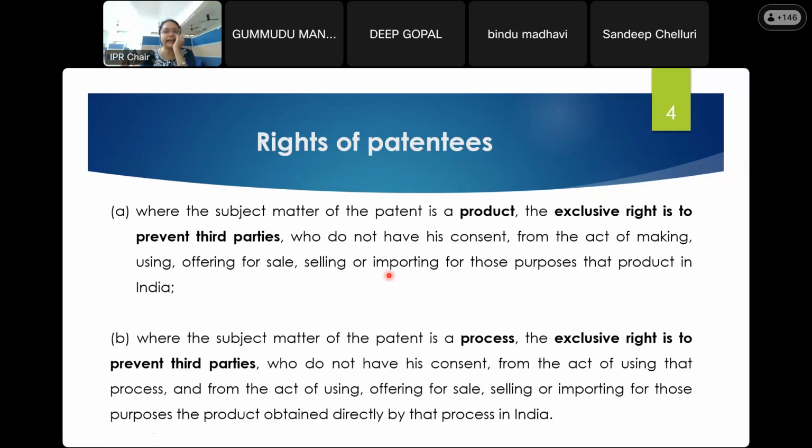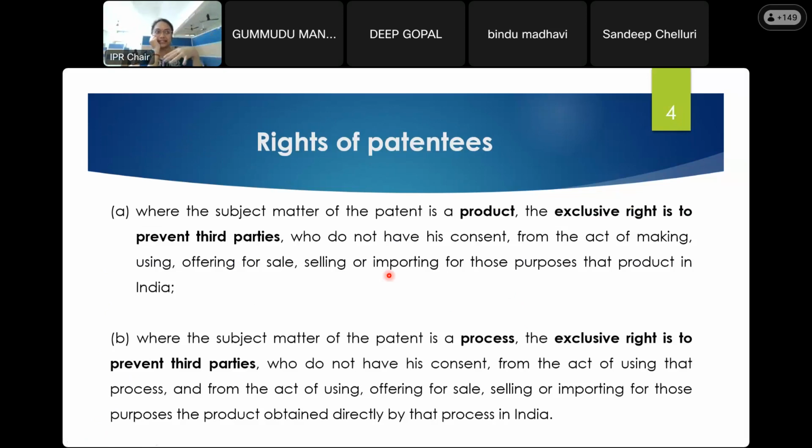What is the right that the patentee gets? When you have a patent, you are called the patentee. So what is the exact right? Patent is a legal right. Whatever we are discussing in this class, all these are legal things. For example, when you have a house, you have a legal right to your house.